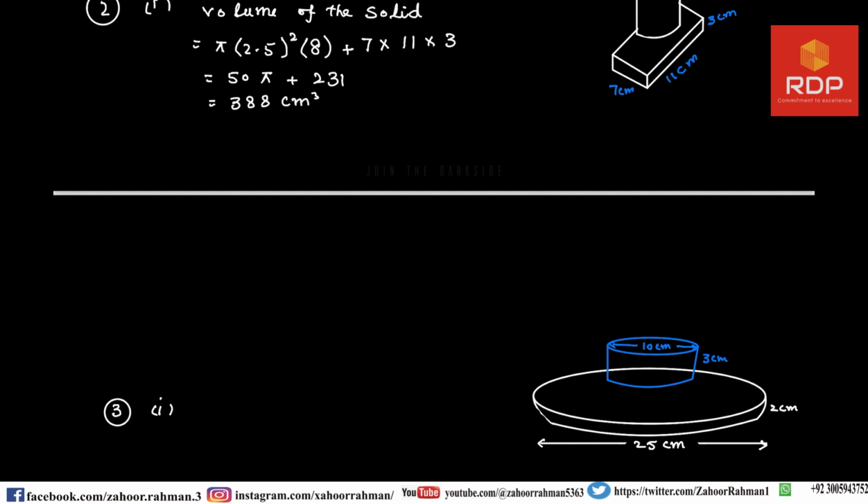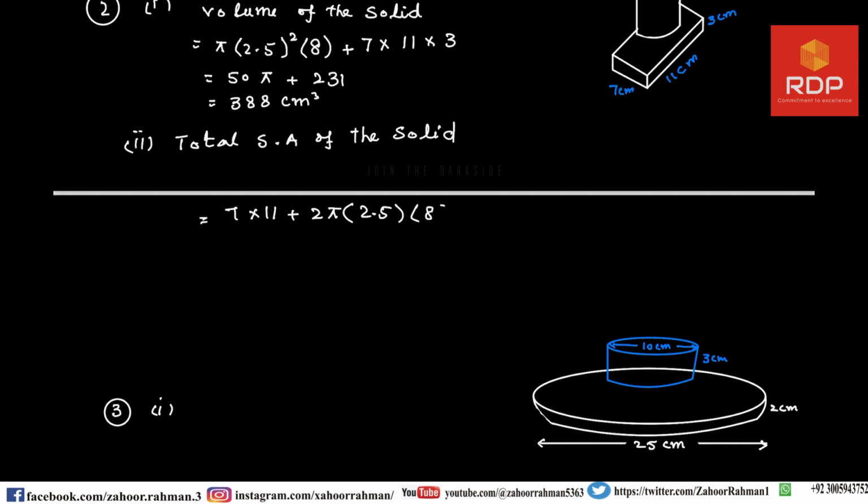Now in the second part of this question, they are saying to find the total surface area. So let us start from here, the second part. Total surface area of the solid will be equal to 7 into 11 plus 2 pi into 2.5 into 8, and then we have 2 into 3 multiplied by 7 plus 2 into 3 multiplied by 11 plus 7 into 11.